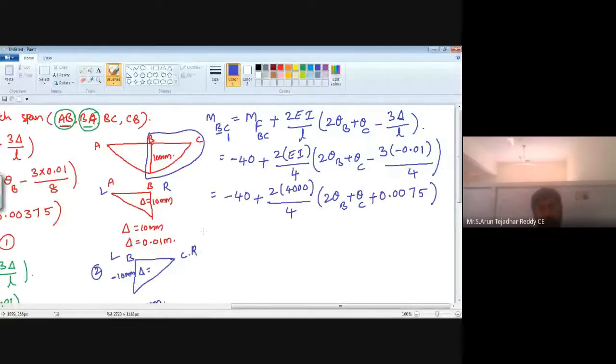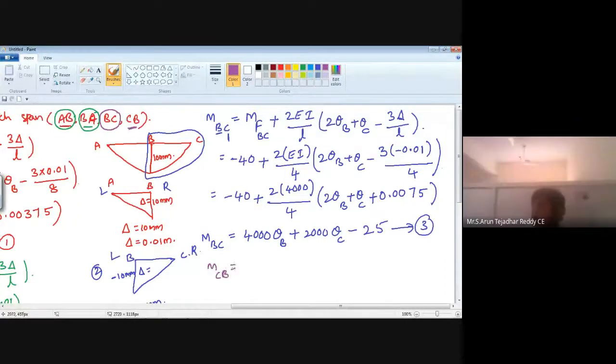Now once evaluate this equation, then you will get final MBC. So here the final MBC is 4000 theta B plus 2000 theta C minus 25. Equation number 3. Here BC also completed. Next is CB.